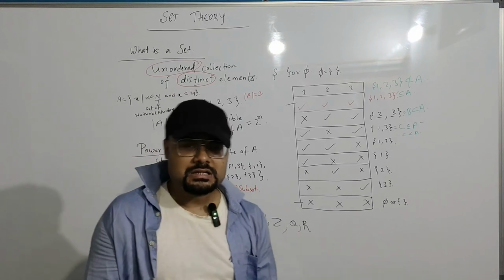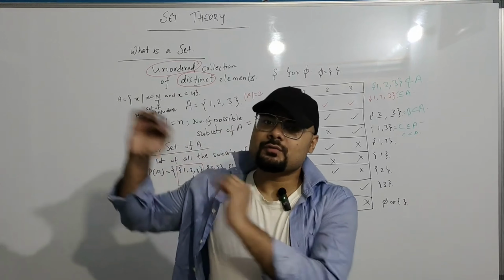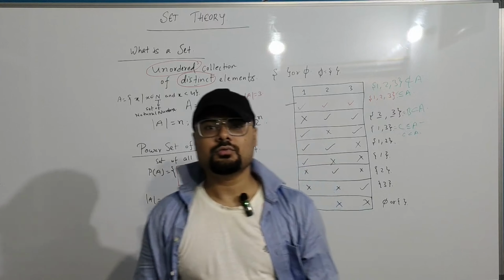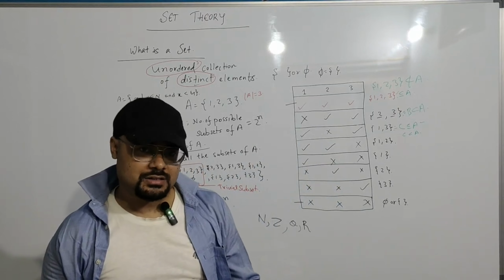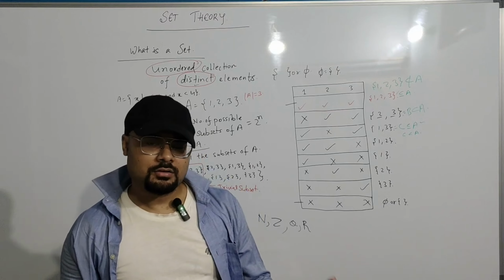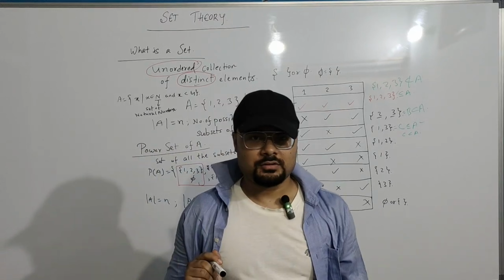The elements of these sets are going to be from the set of students only. So the set of students is like a universal set, and every other set in the context of the university is a subset of this universal set.